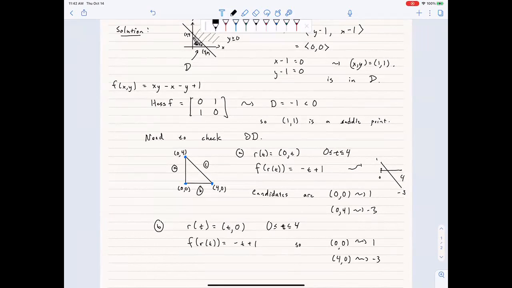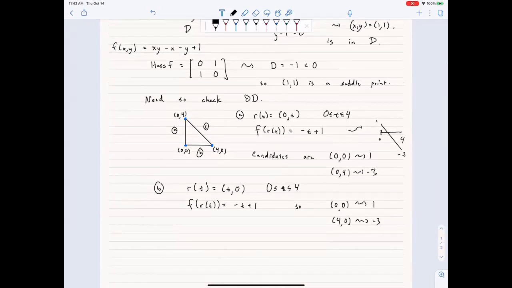So now I have to do the last edge. It's part C. And for C, this is precisely where x plus y equals 4. You can choose your coordinate, either one, so y is equal to 4 minus x.